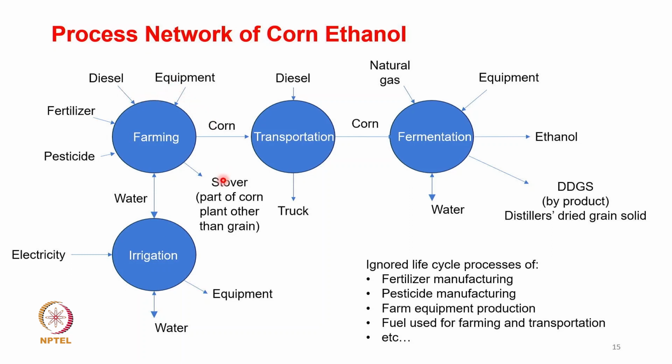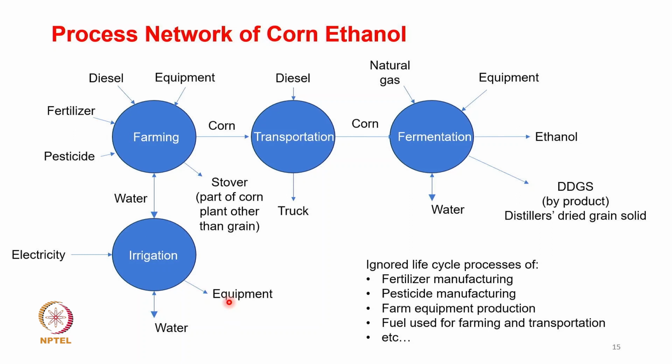You also need to supply water, and water of course comes back to the system. But how do you typically get water? It is typically by opening up a dam or something that partially uses electricity, and you need to run the equipment. So it's all an interconnected network.